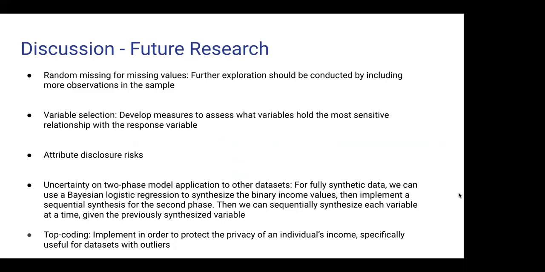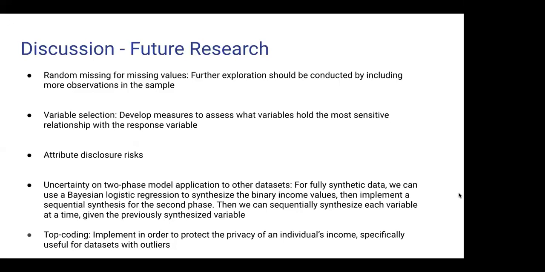Like we said, we based it on our own intuition. And so if we were able to look at other variables such as medical access, we can do more exploratory analyses before we start our research. And then also including attribute disclosure risks, as I mentioned before.